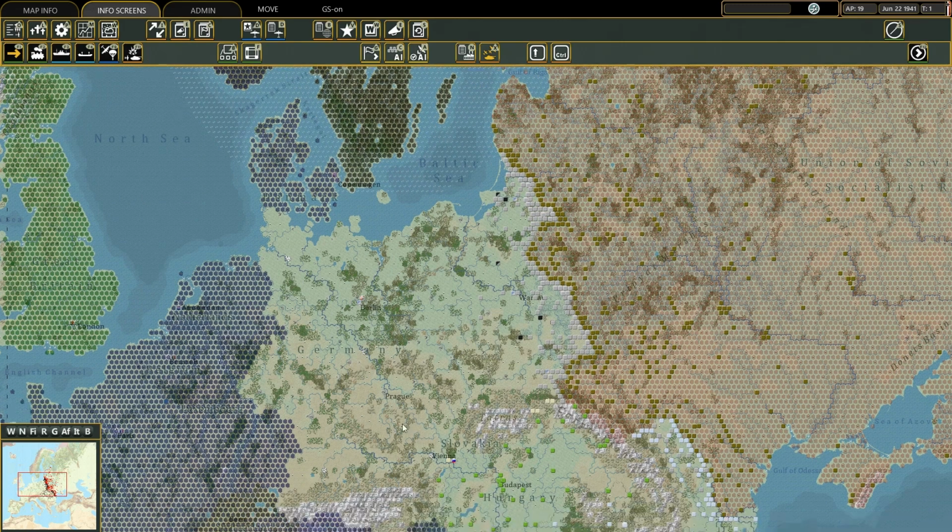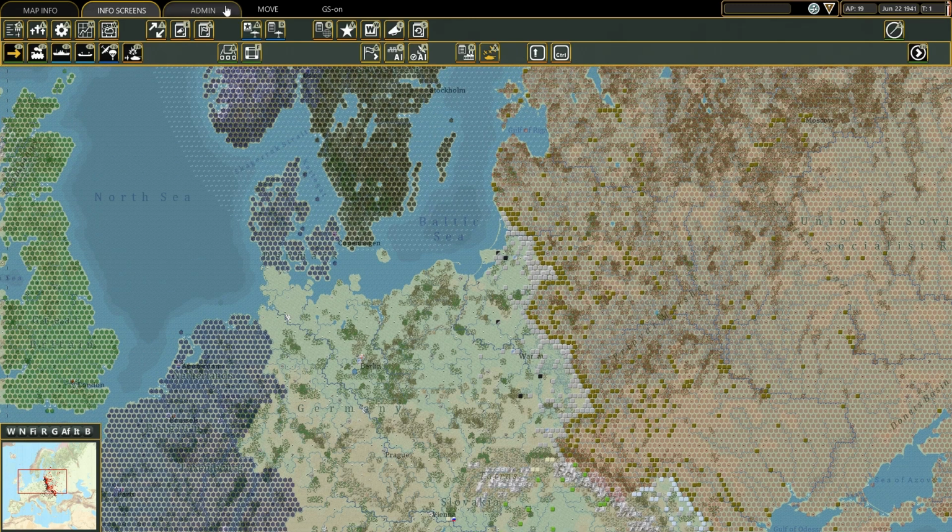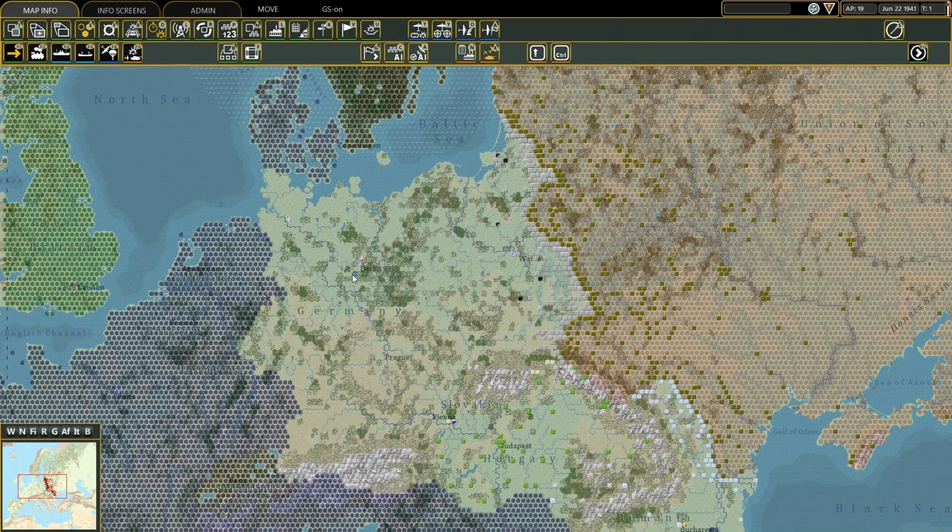And I mentioned that theater boxes also simulate the parallel events to the war on the Eastern Front, like for instance the war in North Africa. Related to this, I have to mention the event system. The event system contains some historical and flavor events, to just say, okay, on this day Roosevelt signed this document, and on this day Stalin issued the famous Order 227, and so forth.